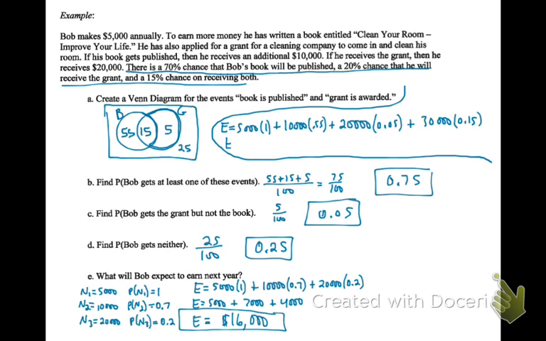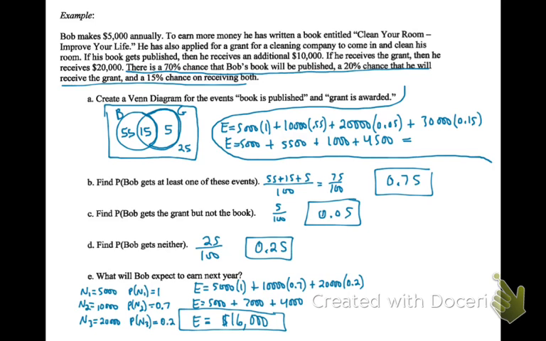Now, if we add all these up, it should still equal $16,000. So 5,000, 5,500, and then 20,000 times 0.05 gives you 1,000, and 30,000 times 0.15 gives you 4,500.